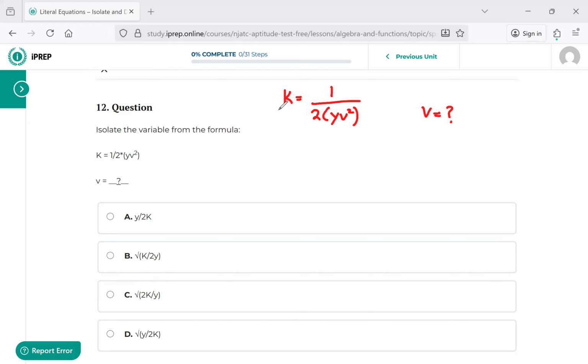Okay? So your goal is to solve for small v. So what I would do is cross multiply. So 1 times 1 is 1, and then it's 2 times this whole thing. So it's 2 times k times y times v squared. Okay, so your goal is to solve for v.